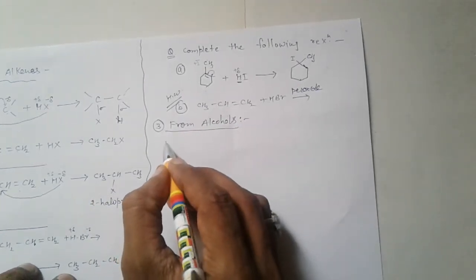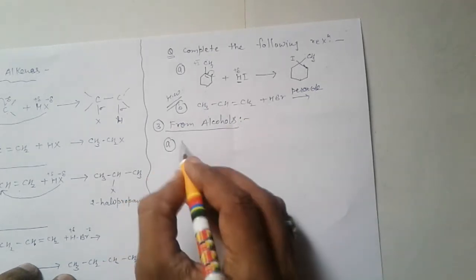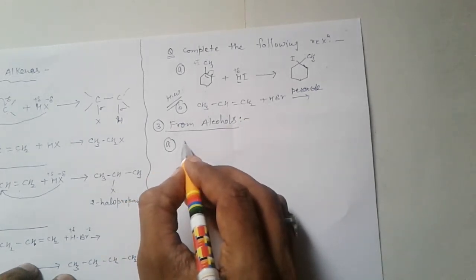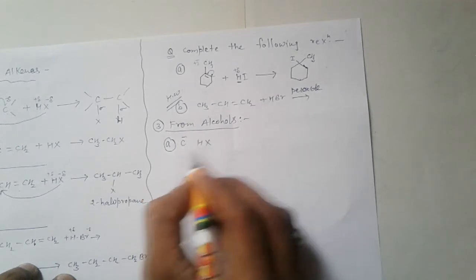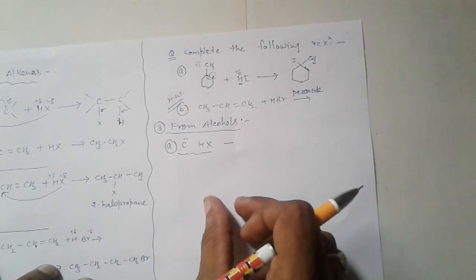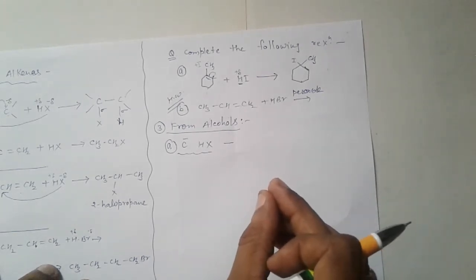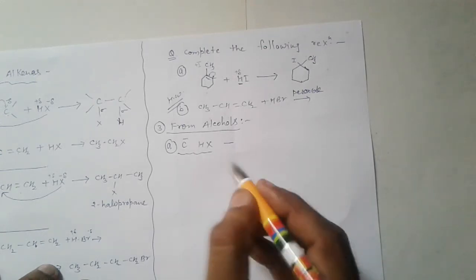So, first reagent is HX, with halogen acid. When alcohols react with HX, haloalkane is formed.